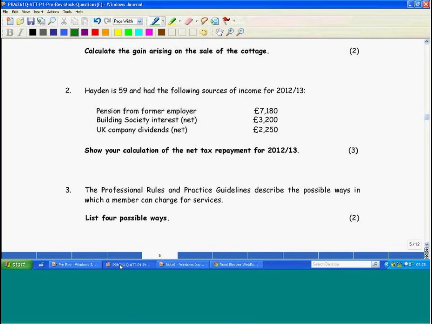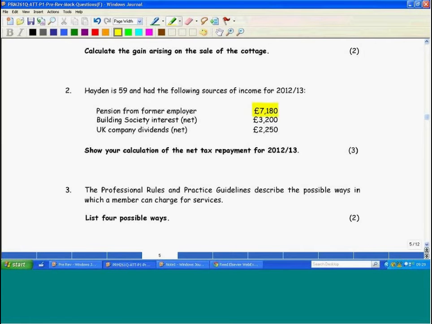So I just want to very quickly touch on question number 2. Now, I'm not proposing to go through this question in full. All I want to mention here is it did test that starting rate band for savings income.